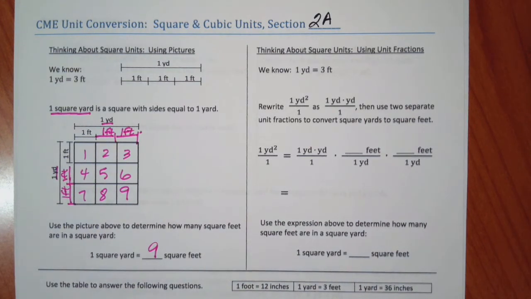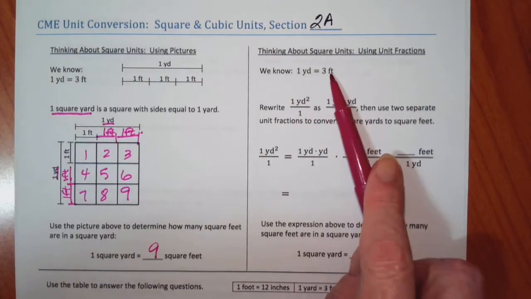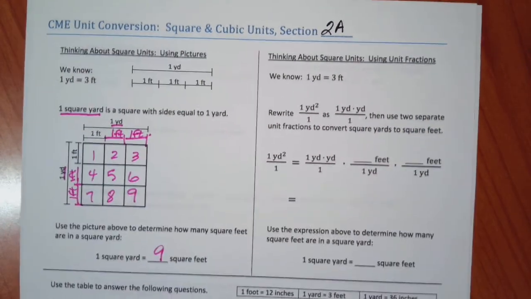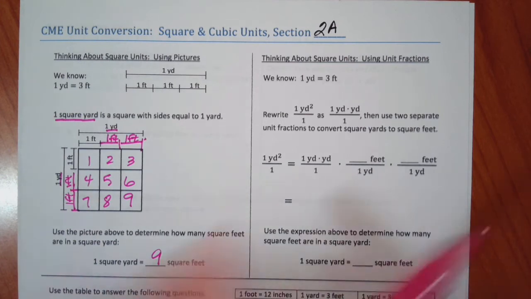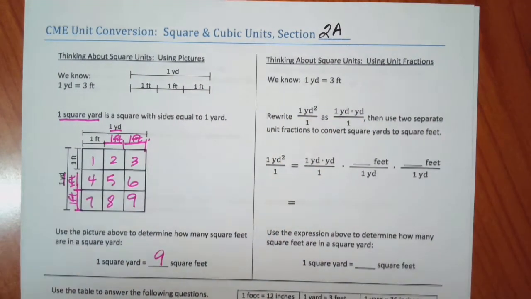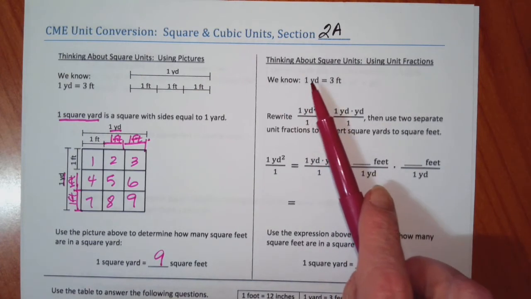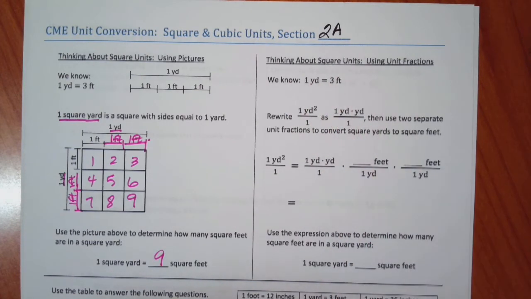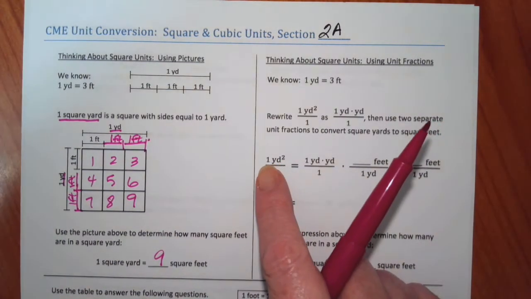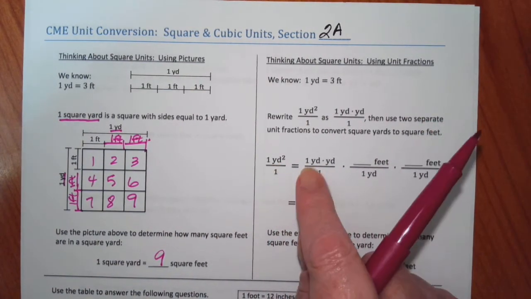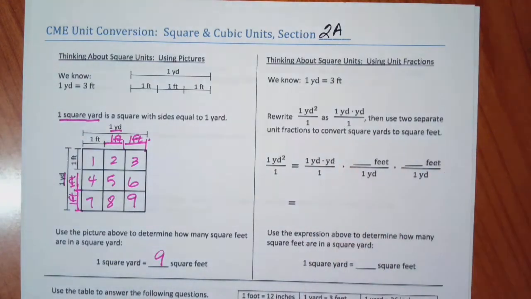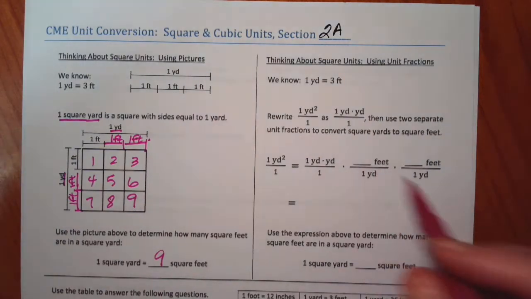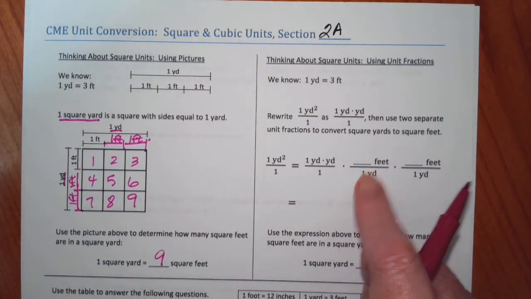Now let's see what we can do with this if we're using unit fractions. We know that 1 yard is equal to 3 feet. And in my last video, I showed you that a yard squared is the same thing as saying yard times yard. So if I want to convert 1 square yard into square feet, I have 1 yard times yard. Now notice what I have here. I'm going to have to cancel out the dimensions twice, so I'm going to have to convert to feet.